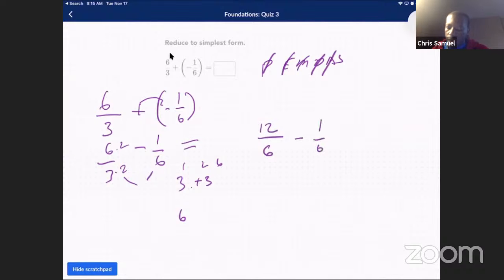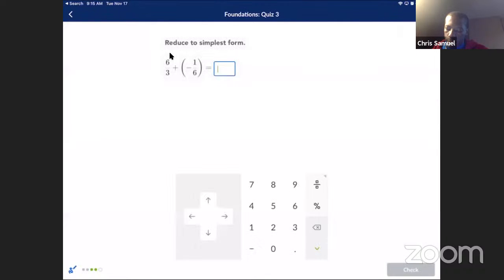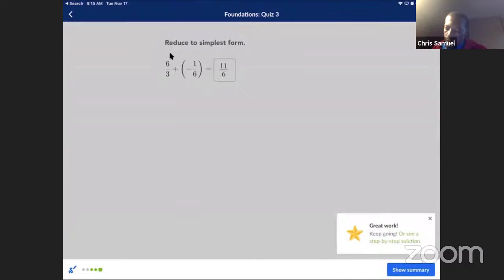We don't have to do anything to this because there's only 1 over here, so we leave that alone. Now we can just do the regular subtraction, which would be 12 minus 1 is 11, and you have 11 over 6. I think that looks okay. 11 over 6. All right.